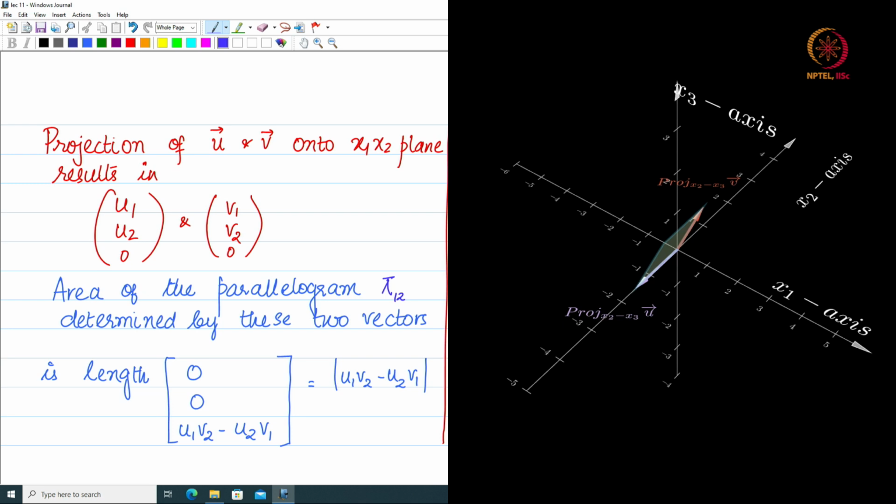So the area of this parallelogram pi 2 3 is basically given by the length of this vector. What is the length of that vector?